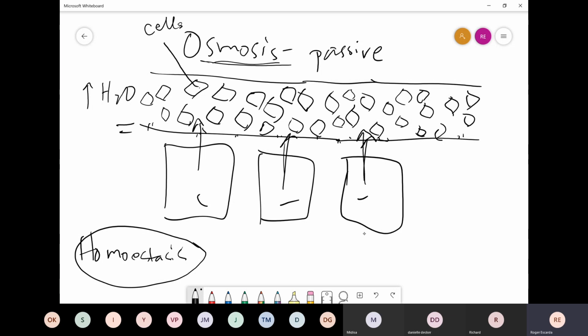This is all passive. Water again will automatically be pulled from your cells going into the bloodstream, into the plasma, resulting in the same condition. Understand osmosis? Yeah. Okay.